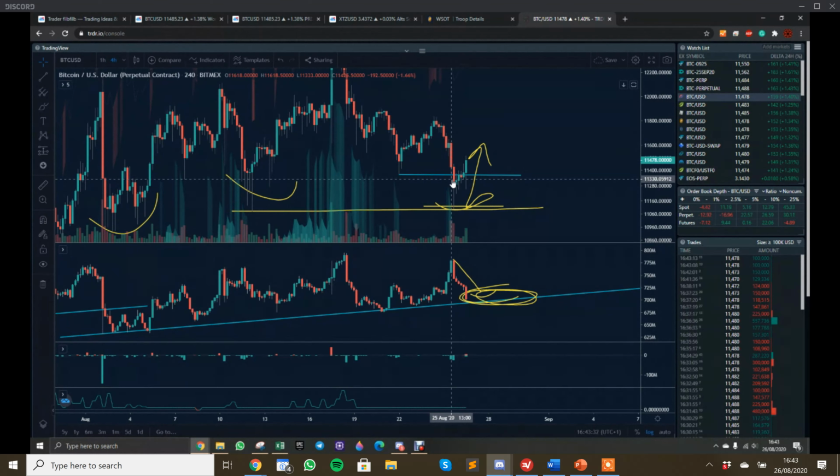I decided I wanted to go long, I wanted my stops to be below 11,100, sorry, and I planned to go long. But the problem with coming up with a really hard trade plan like that when you've got additional information is, why would you not adjust your plan to the new information that you've got?